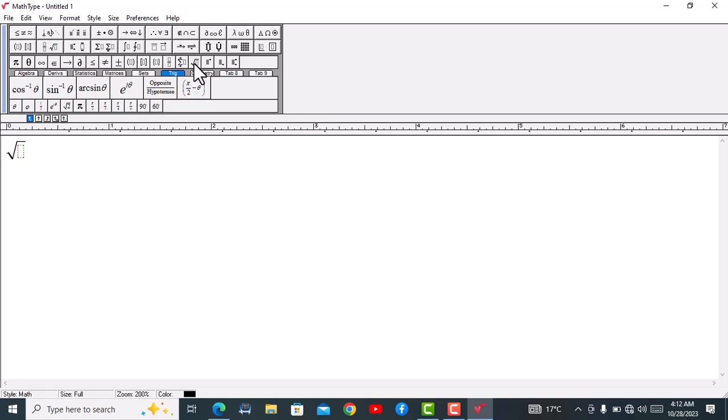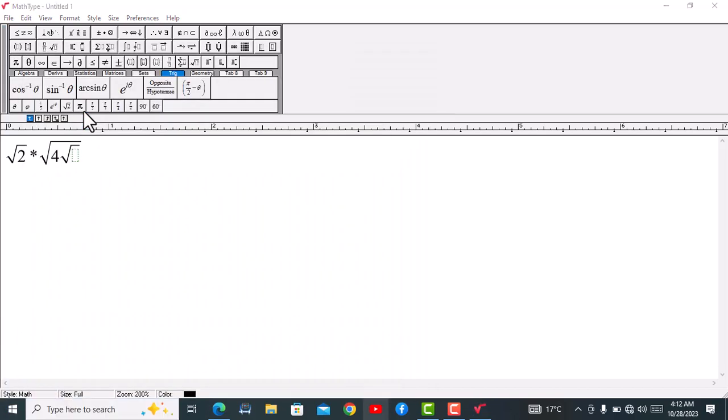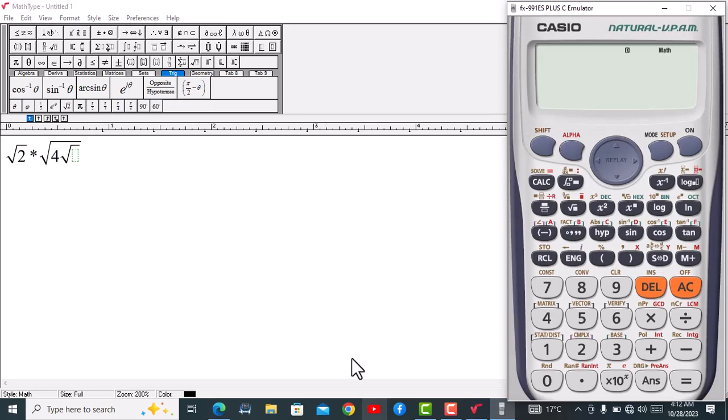Remember, when you have the square root of 2 multiplied by the square root of 4, I could have just used a calculator, but I want you to notice something.